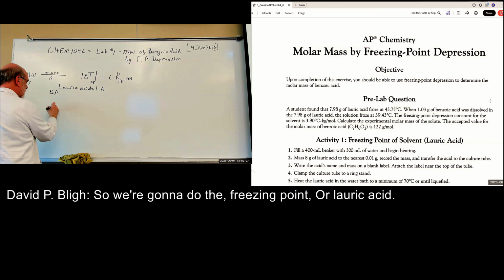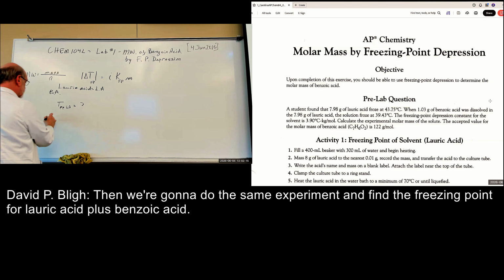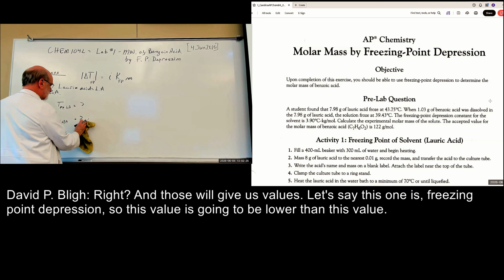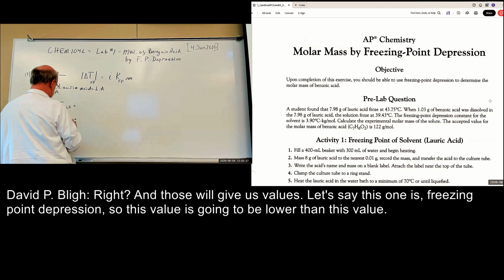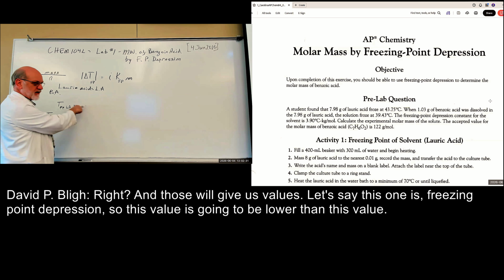So we're going to do the freezing point for lauric acid, and that's going to equal a value. Then we're going to do the same experiment and find the freezing point for lauric acid plus benzoic acid. Those will give us values. Let's say this one is freezing point depression, so this value is going to be lower than this value.